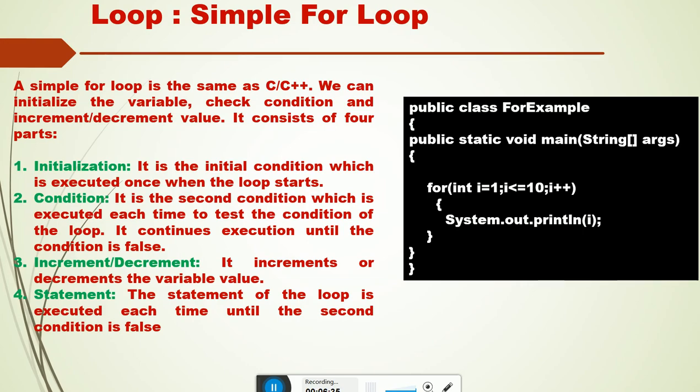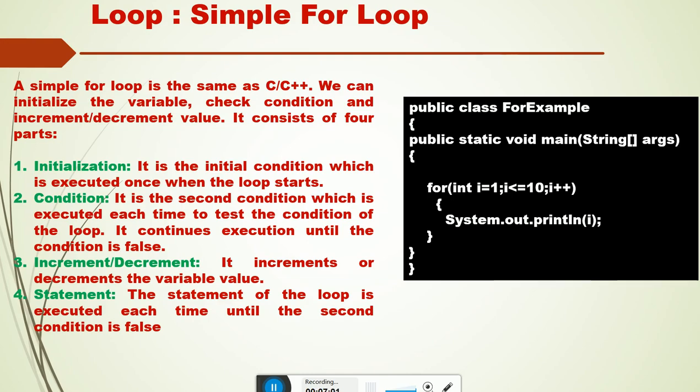Then it will check whether 1 is less than or equal to 10. Yes, so control will transfer inside System.out.println(i), and it will print the value of i, that is 1. Then the value of i will increase to 2. Now 2 is less than or equal to 10, yes, again control will transfer and the statement will execute.